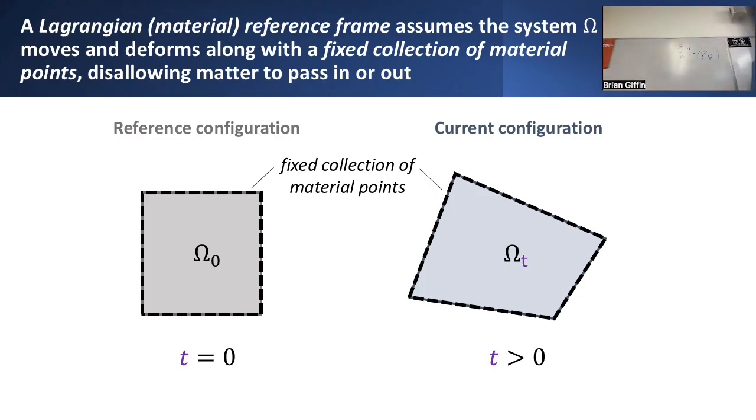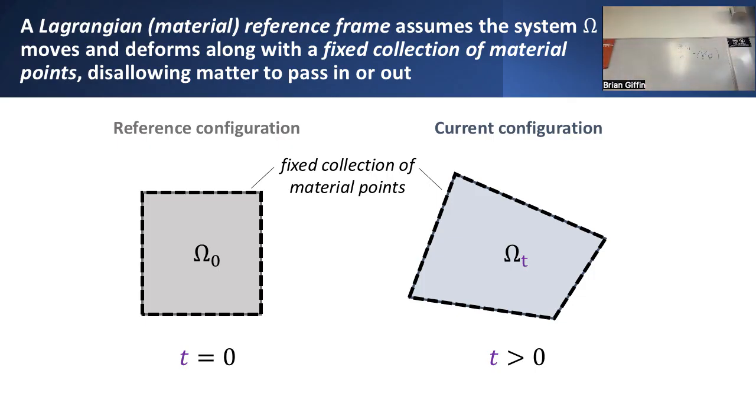This choice of defining a system volume so that it always encloses the same collection of material points is called a Lagrangian reference frame. It's much more typically applied to the analysis of solids that undergo reasonable, not so large deformations. As long as the collection of material points doesn't become too scattered and go all over the place, choosing a Lagrangian frame of reference is particularly nice.